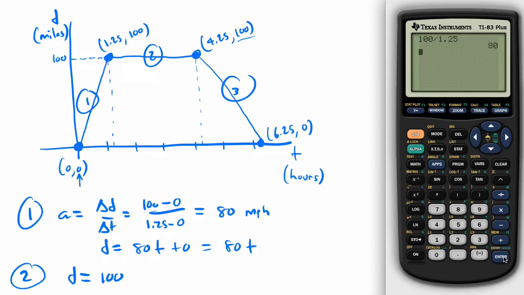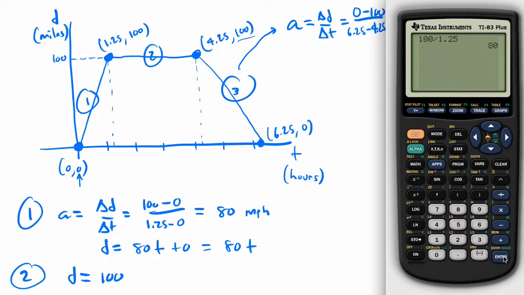And then line segment 3. I'm kind of running low on space here, but I'll write it right up here. For line segment 3, the slope, A, is equal to, again, delta d over delta t, which is 0 minus 100 divided by 6.25 minus 4.25.